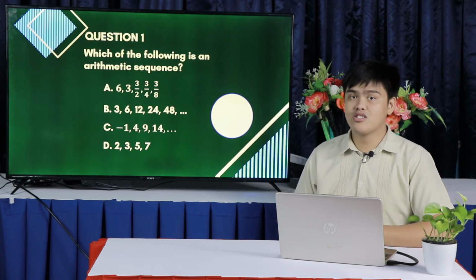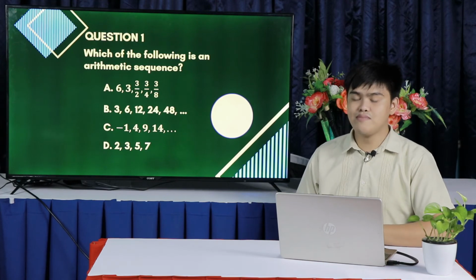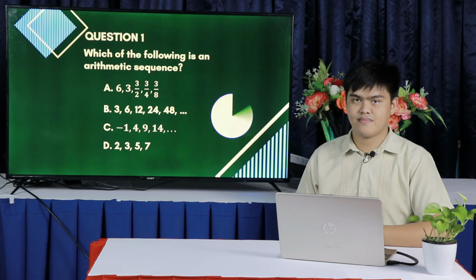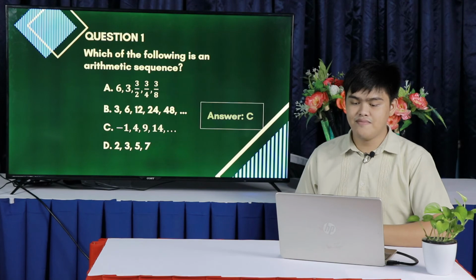Or D. 2, 3, 5, 7. Your time starts now. Time's up! The correct answer is letter C. Great work! Let us now proceed with the next question.